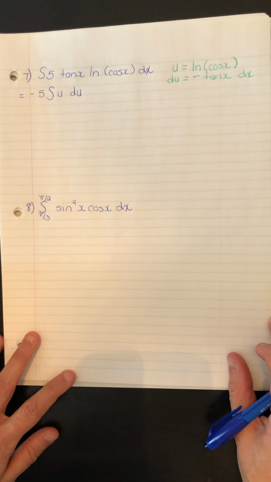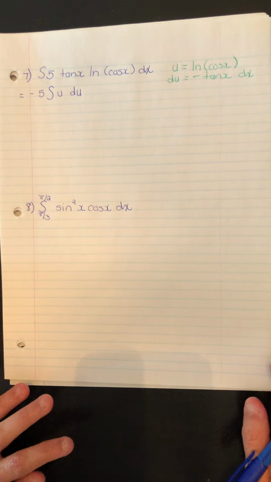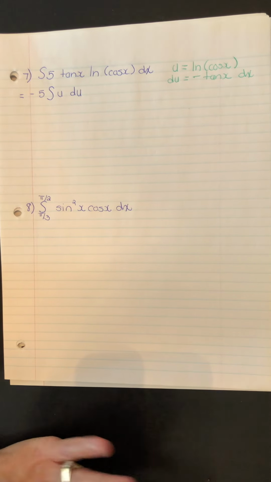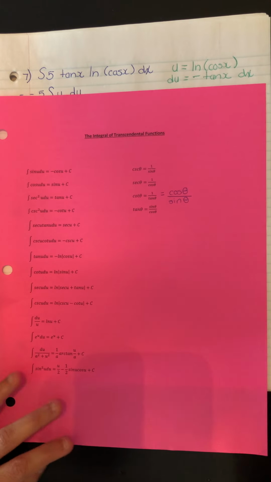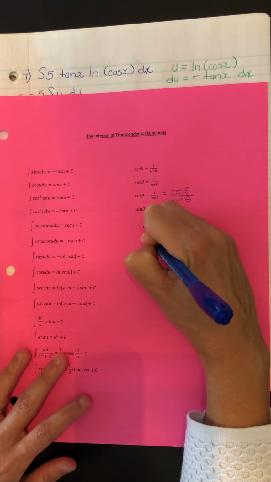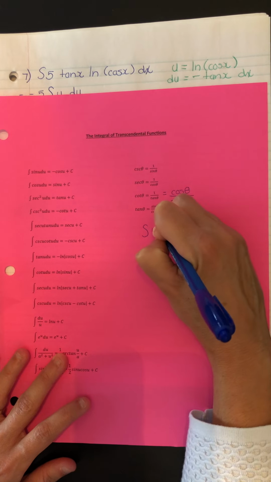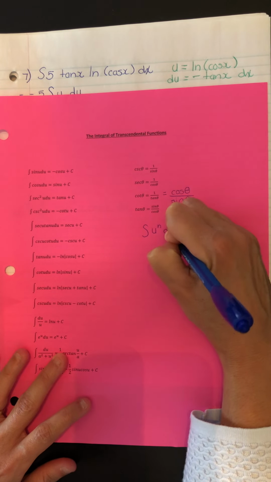Now what's the integral of u with respect to u? This one actually isn't on your formula page, but you can add it. It's the most basic rule that you learned in your last math course.